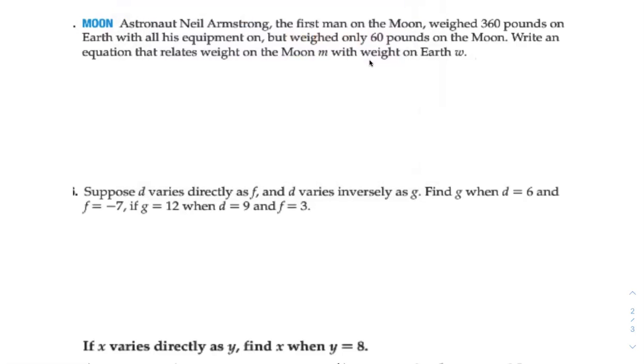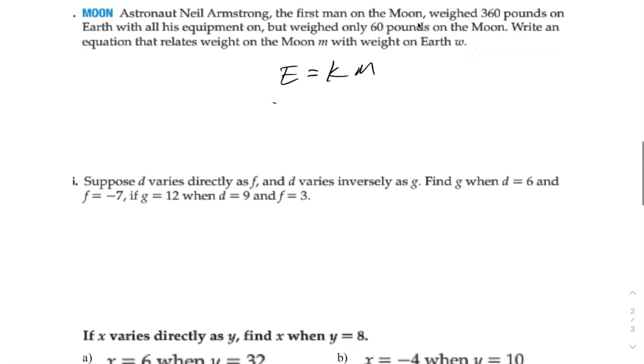Okay, so this is the weight on Earth, which is directly proportional to the weight on the moon. So that's our equation. If on Earth he weighed 360 pounds, and on the moon he was 60 pounds, so you have it like that. Let's find out what k is. So it's like always: write the equation, find out what k is.